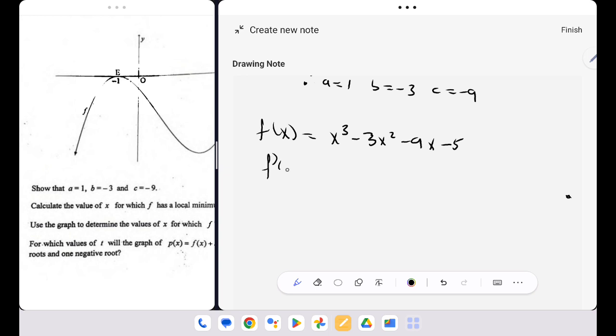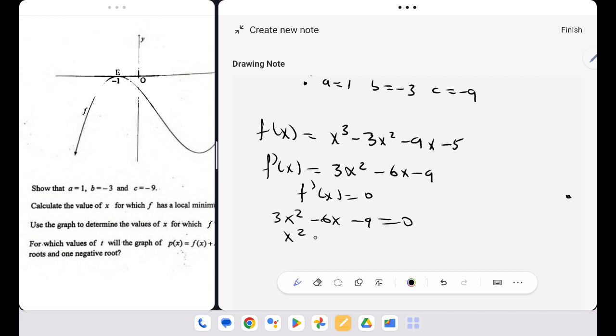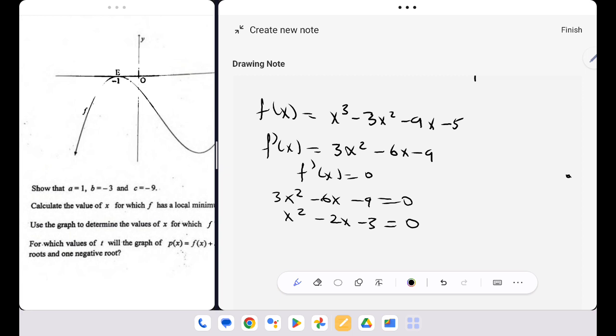So I need to find my derivative first. I'll have 3x squared minus 6x minus 9. For the local minimum, my derivative needs to be 0, and then just solve for x. I'll have 3x squared minus 6x minus 9 is 0. I can divide everything by 3. I'll have x squared minus 2x minus 3 is equal to 0.